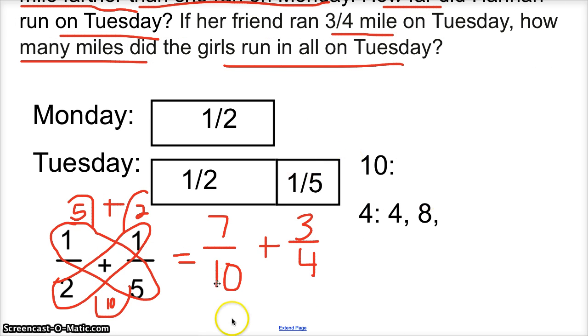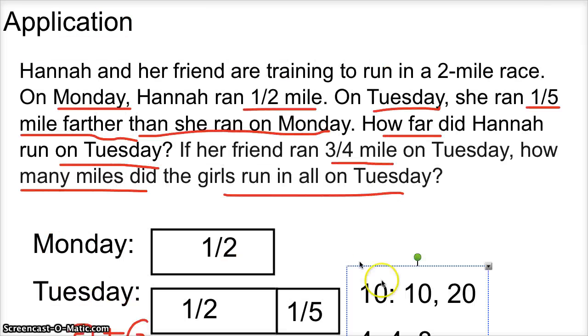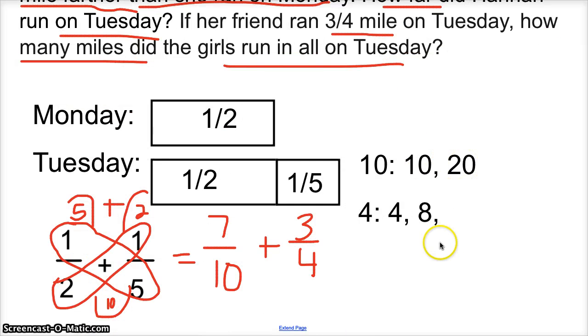So I have 10 my denominator and 4 my denominator. I'm looking for the least common multiple for the denominator. So 4, I'm listing out multiples: 4, 8, then I'll do 10, 10, 20, okay, keep alternating back, 4, 8, 12, 16, 20. So if I do butterfly method, my denominator is going to be 40, but look at this.